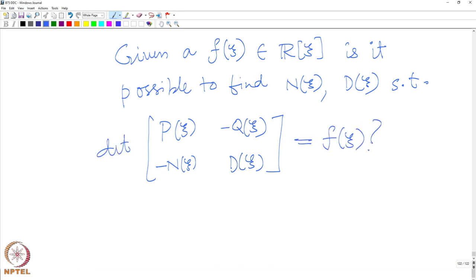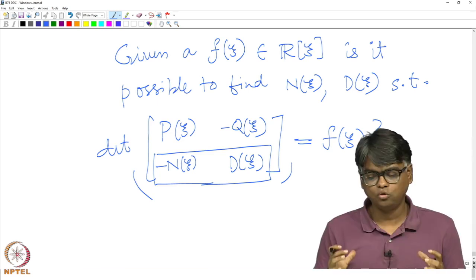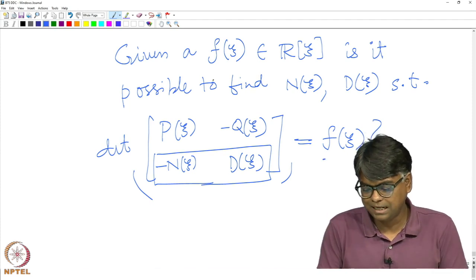Is it possible to find out a controller so that the control system has its characteristic polynomial, that is the determinant of this square matrix, the characteristic polynomial of the controlled behavior, match exactly with the given polynomial?